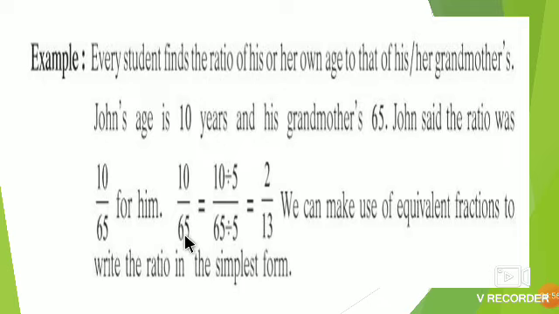Both the numbers are divisible by 5 according to the divisibility test: if at the unit place 0 or 5 is there, the numbers are divisible. So divide 10 and 65 by 5. 5 2s are 10 and 13 5s are 65. So you can write here 13. So 2 upon 13. Why divide here? To get the simplest form. We can make use of equivalent fractions to write the ratio in the simplest form. Understood it?